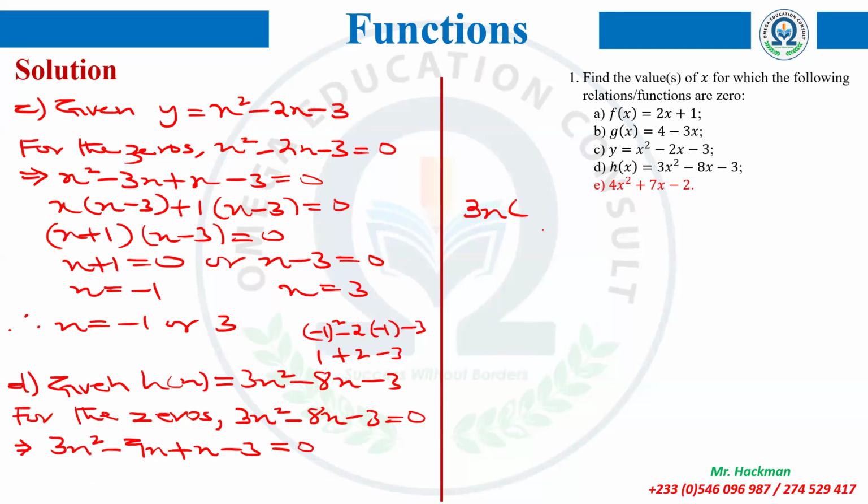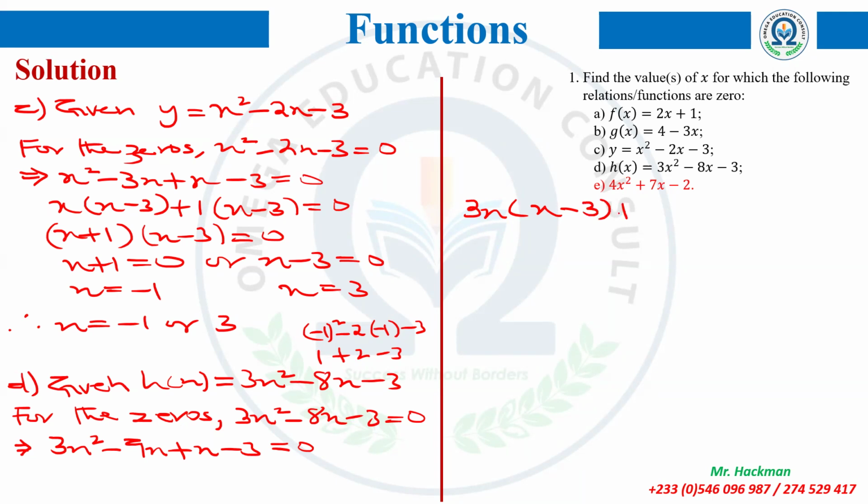If I bring 3x out, because I'm dealing with two terms, the bracket here will have two terms in it. Each of the terms I get by dividing the original term by the quantity that I took out. So 3x squared over 3x will give me x. Then minus 9x divided by 3x will give us 3.